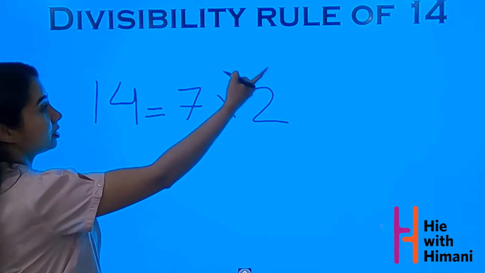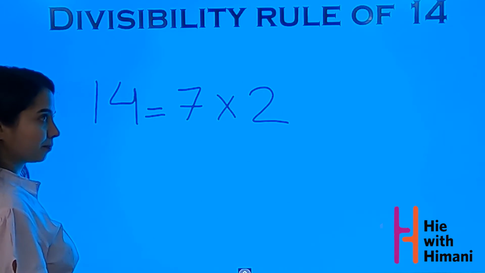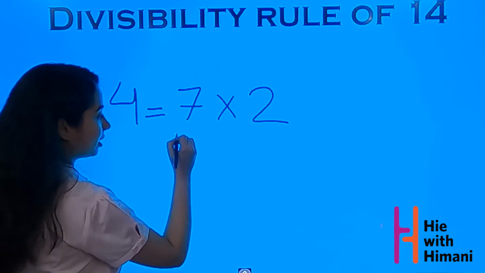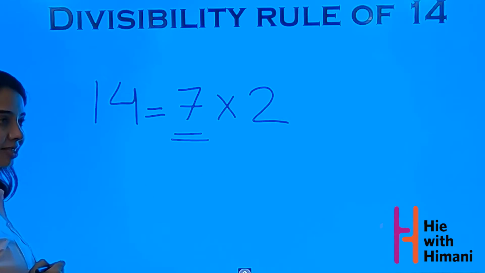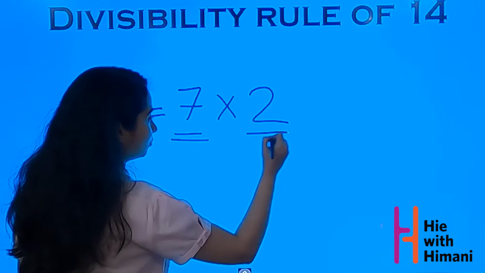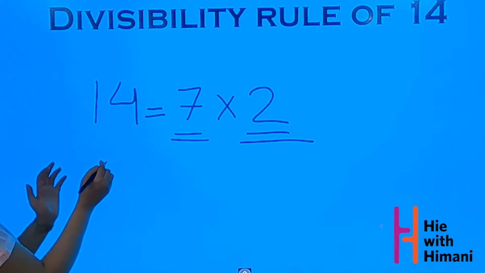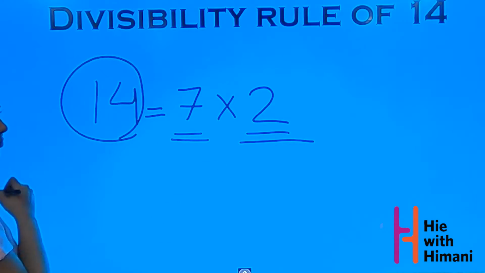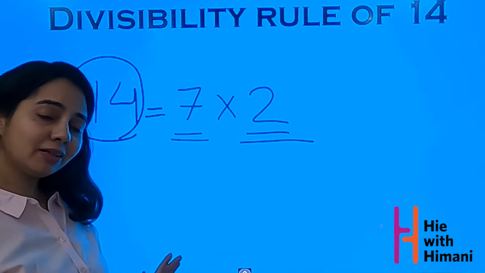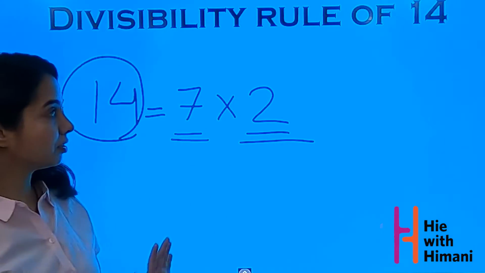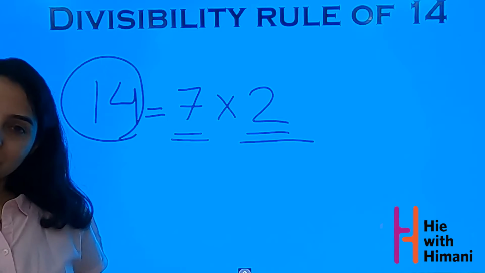Then the divisibility rule of 14 becomes like this: if the number is divisible by 7 and also by 2, then that number will be divisible by 14. Simple. This is the logic behind the divisibility rule of 14.